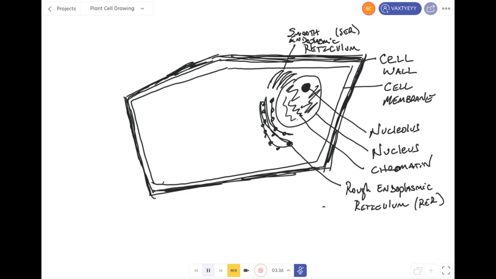We also have our Golgi apparatus. I'm going to try that again, that's too big.